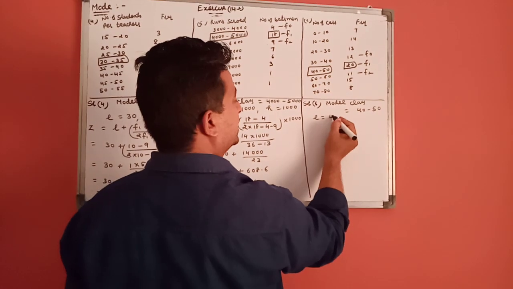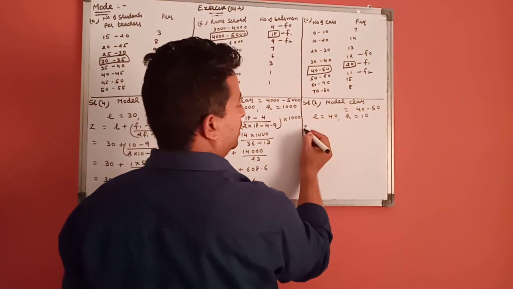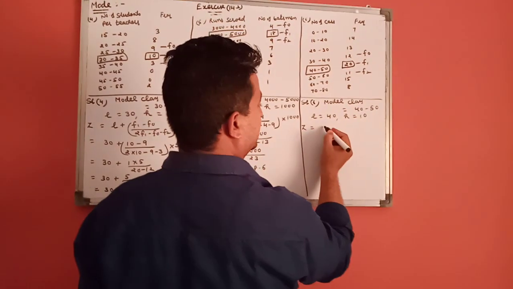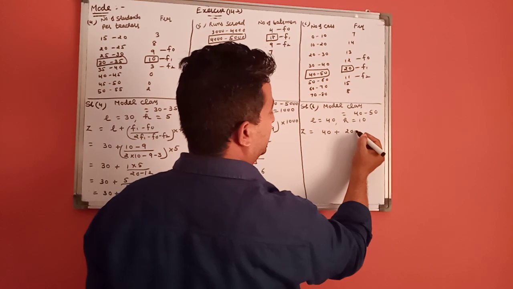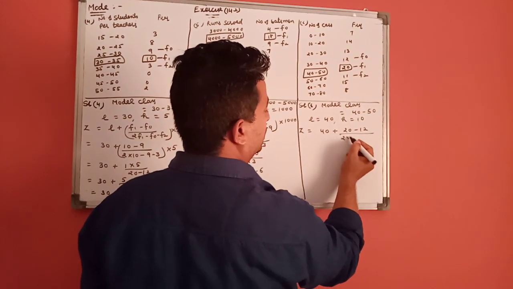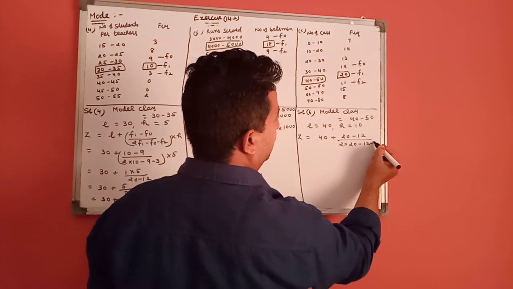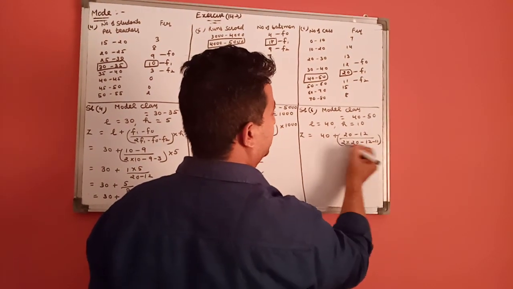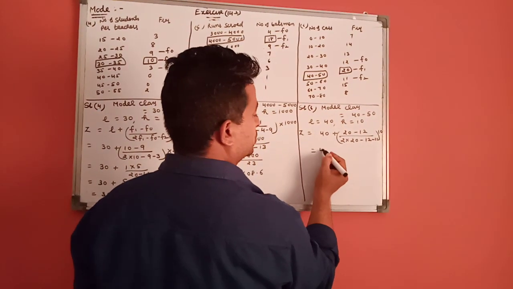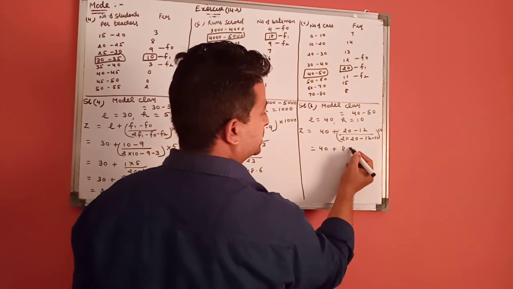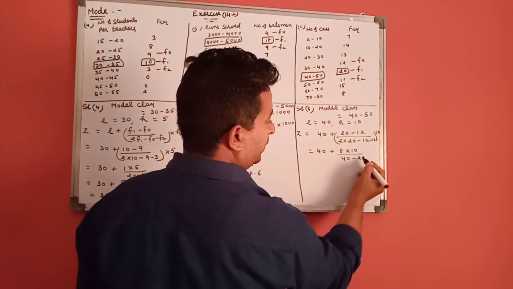So lower limit is 40, class size is 10, and mode is, we first write L is 40, f1 which is 20, f0 is 12, 2 into 20 minus f0 minus f2, multiply h. In this question h is 10. So this is 40 plus 8 into 10, this is 40 minus 23.